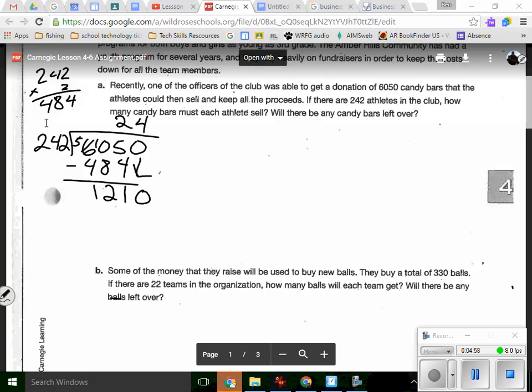So we're going to go 242 times 4, we end up with 8 here, 16 here, that's a 9. So we got 968. And we subtract.